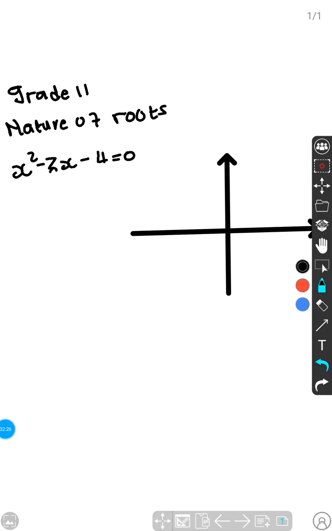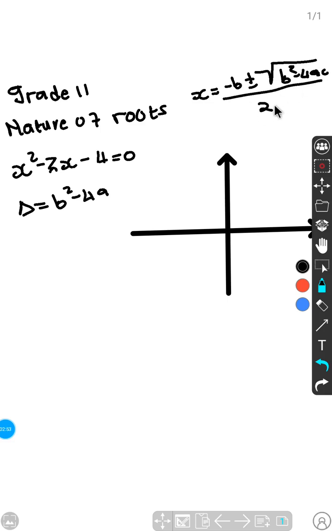So we have 3 ways to know how the graph will be on the Cartesian plane, and we know that by solving the discriminant of our equation. This comes from the quadratic formula: x equals minus b plus or minus the square root of b squared minus 4ac, over 2a.